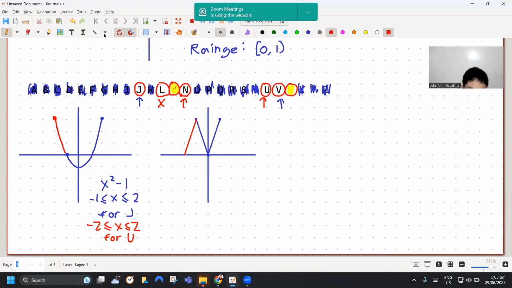Ito lang. Lagyan mo lang na V is equal to, tapos yung piecewise definition, N is equal to, and then yung piecewise definition.